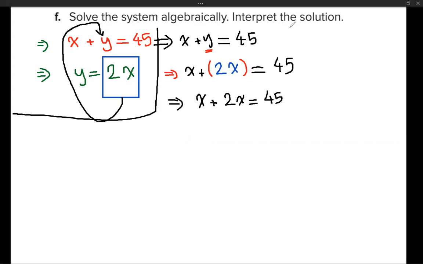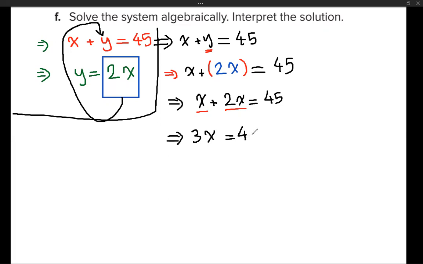We can see that these two terms have the same variable. It's like saying you have a book and you added to that book 2 books. How much is the answer? 3 books. So it's the same as 1 plus 2, which is 3 times x.